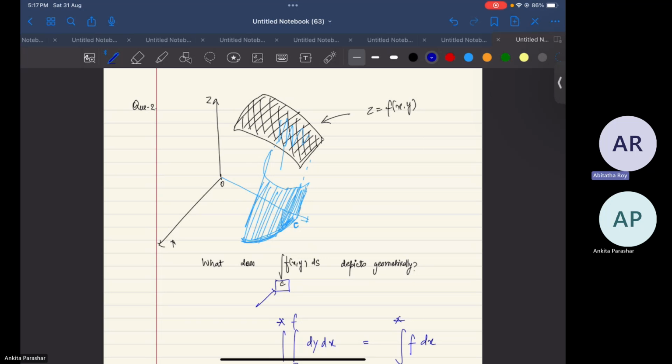As long as the surface is the same and the curve is the same, everything should be the same. So what do you say? Yeah, this should be the same. We will see sometime later that it will not depend on the parameterization. We'll see soon.